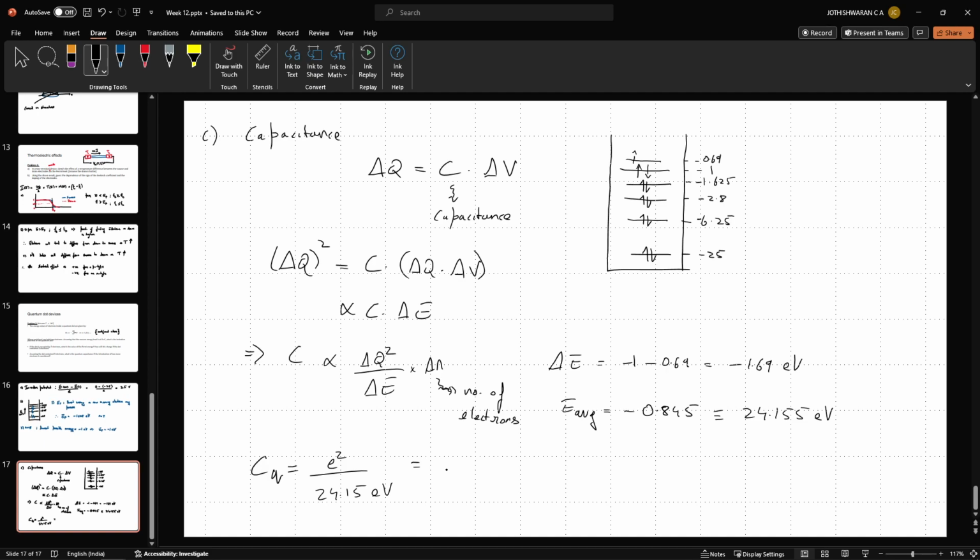So what we will have is 6.63 into 10 to the power minus 21 farad.